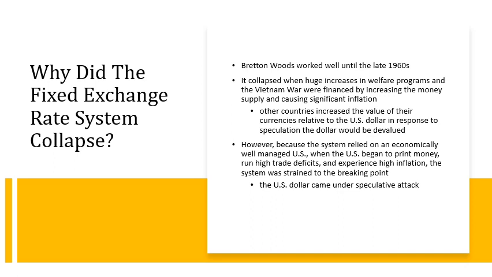In response to speculation, the dollar would be devalued, because the more you print the currency, the more it gets devalued. However, the system relied on an economically well managed US. When the US began to print money, run a high trade deficit and experience high inflation, the system was strained to breaking point.